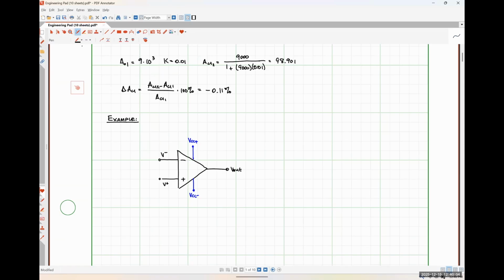So in a negative feedback op-amp circuit, I'm going to have a conductive path between my inverting input terminal and my output terminal. In our positive feedback systems, it was between the output and the non-inverting terminal. Negative feedback, it's between the output and the inverting input terminal. So here's some resistance that I'm going to call R2.